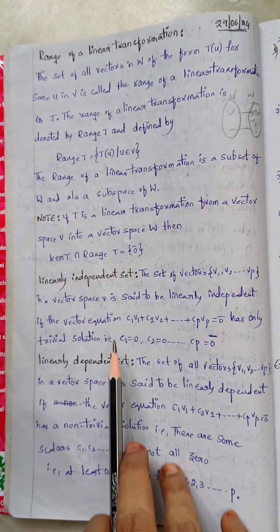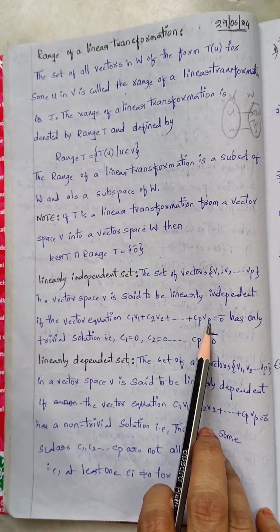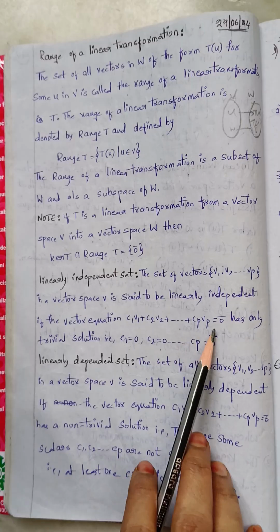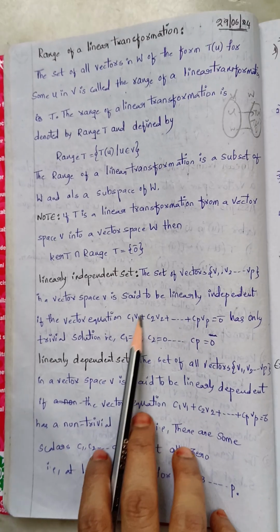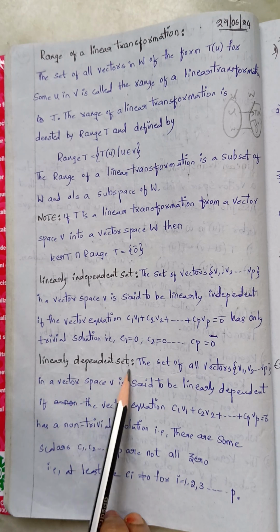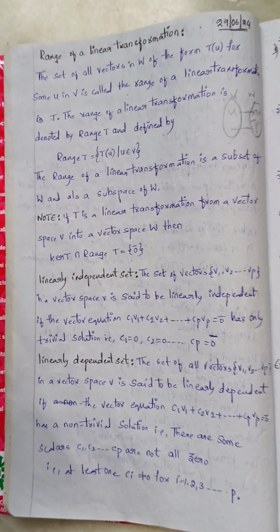If all the scalars are 0, then it is linearly independent. If in the same linear combination at least one scalar is non-zero, not all zero, then it is linearly dependent.